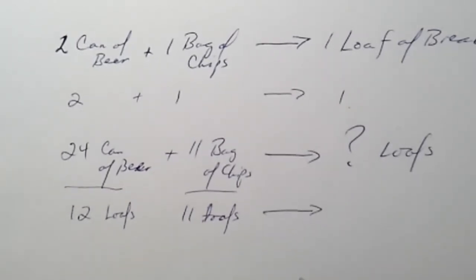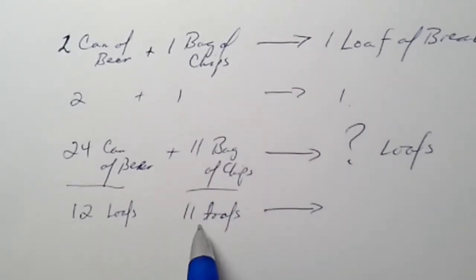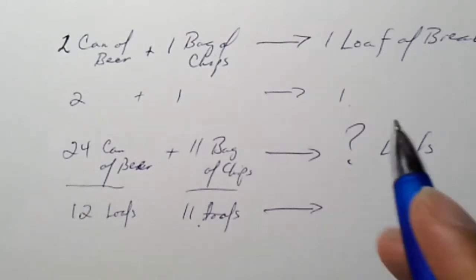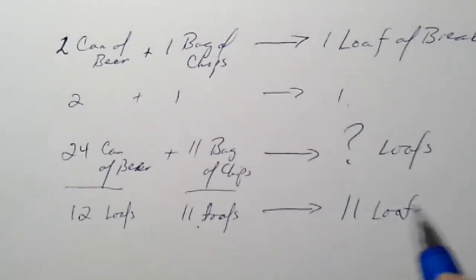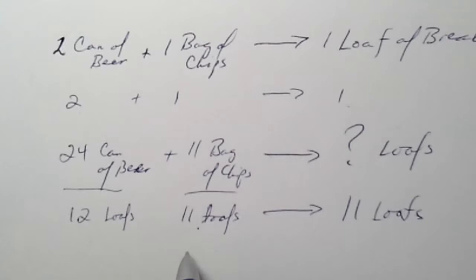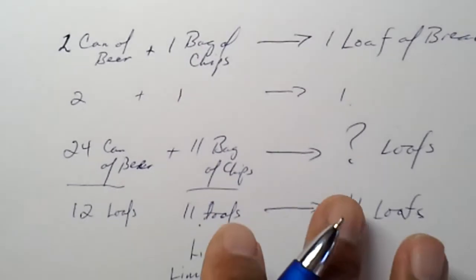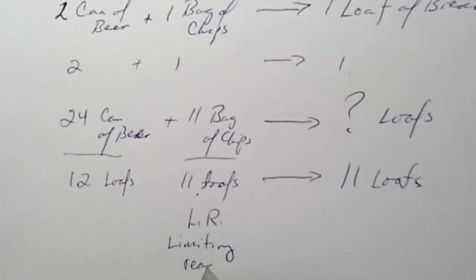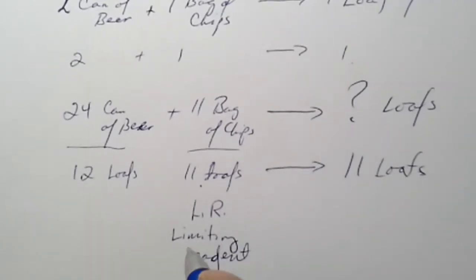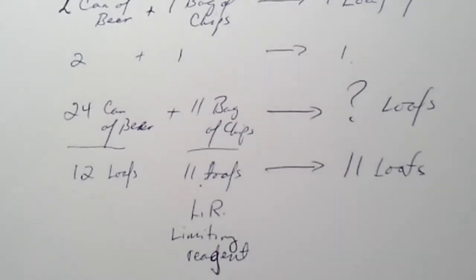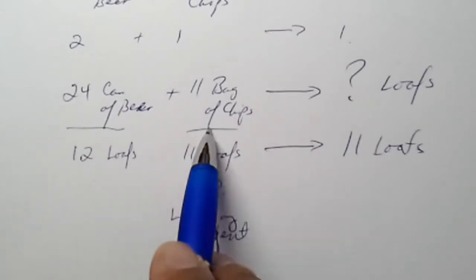But how many can I actually make? Well, because we can only make 11 loaves with the chips, 11 loaves is all that can be made, because this is what's referred to as a limiting reagent. So I can only make as many loaves as I have the least amount of reactants.